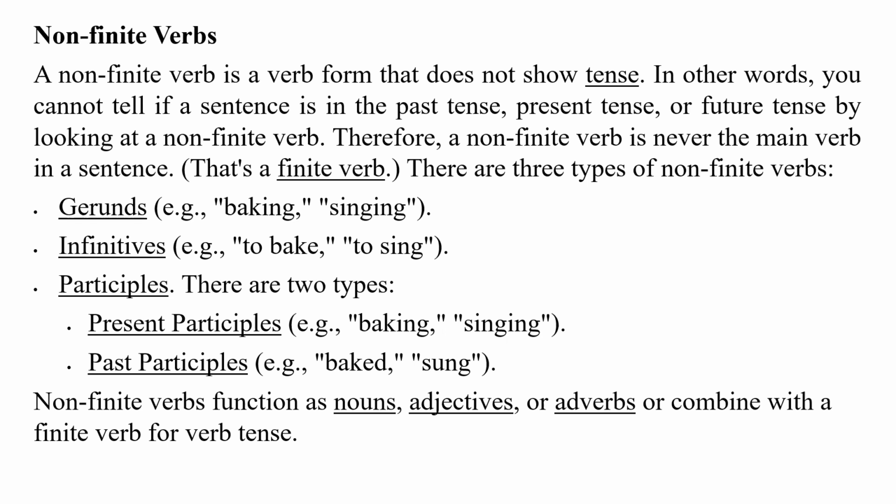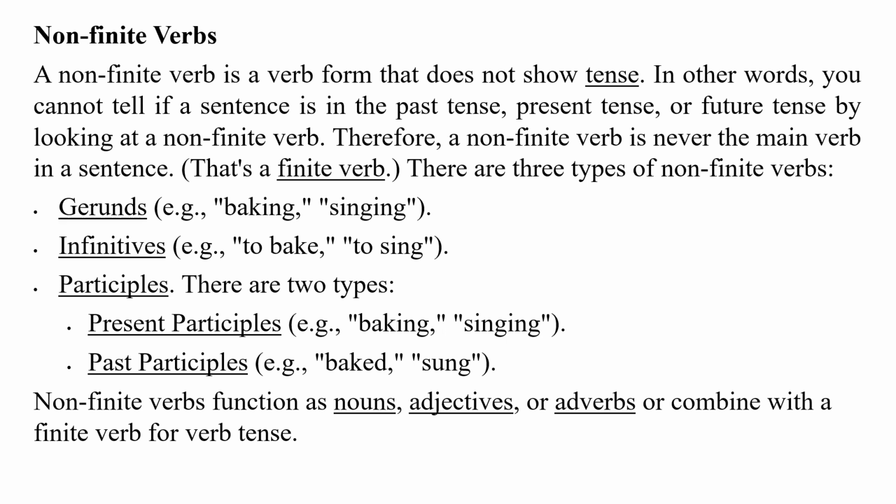It is a finite verb which is the main verb in a sentence. There are three types of non-finite verbs: gerunds, infinitives, and participles. Gerunds, example, baking, singing. Infinitives, to bake, to sing.